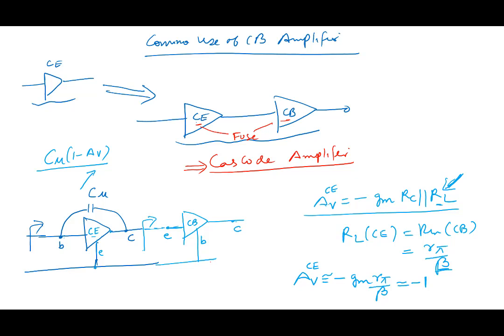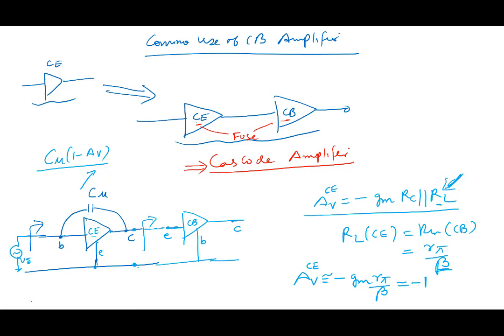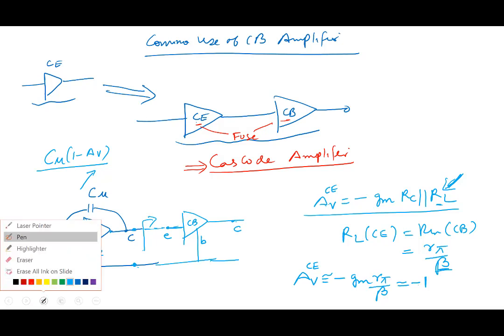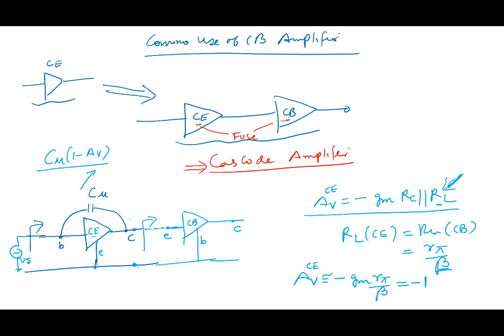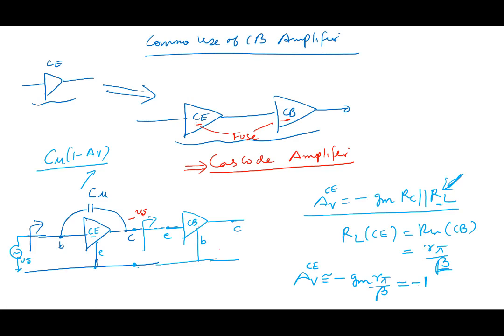So if you look at this particular stage here, you applied Vs here, right? What is the voltage at this node then? At this node, what did we find? AV is minus 1. So the voltage at this particular node is minus Vs. And this voltage now goes to the common base. And what does the common base do? Put an RL.